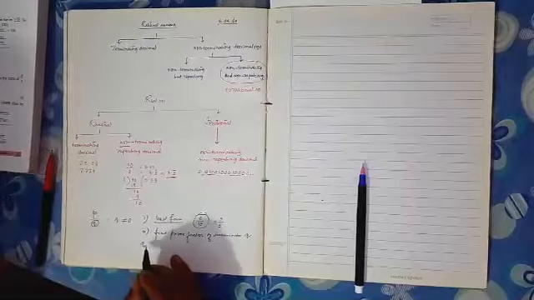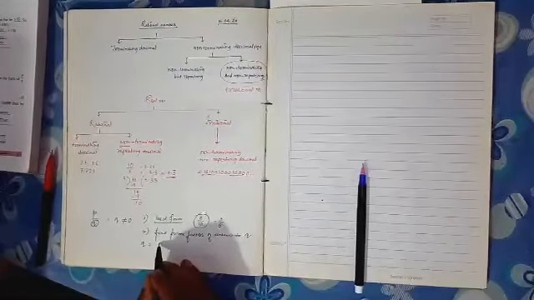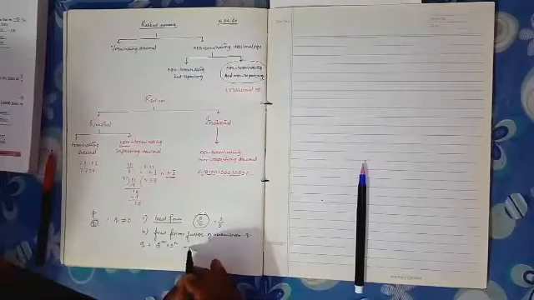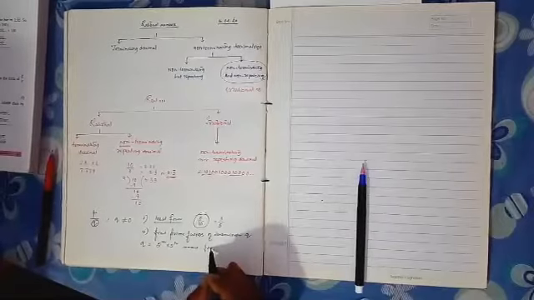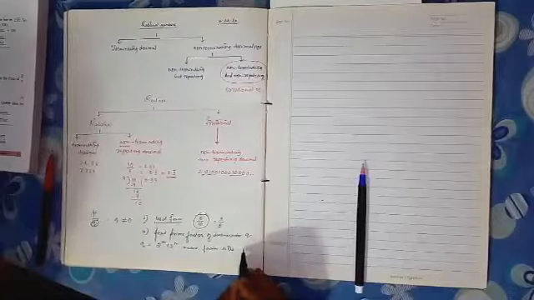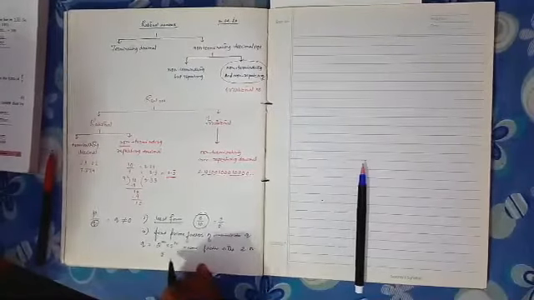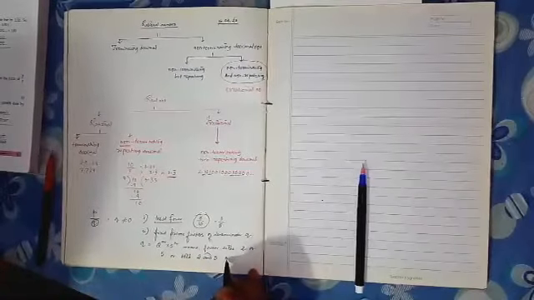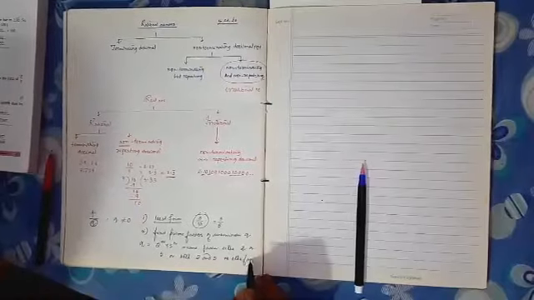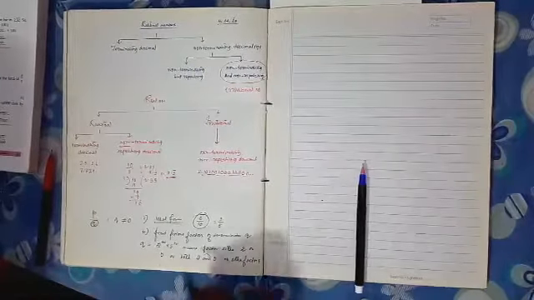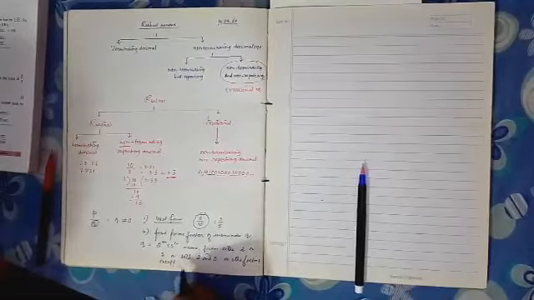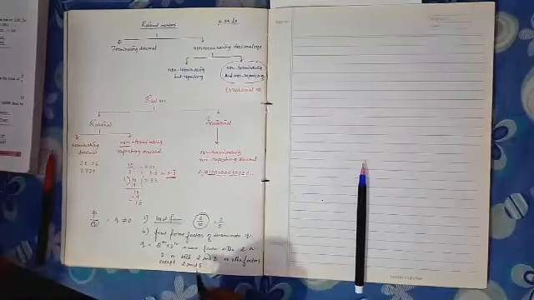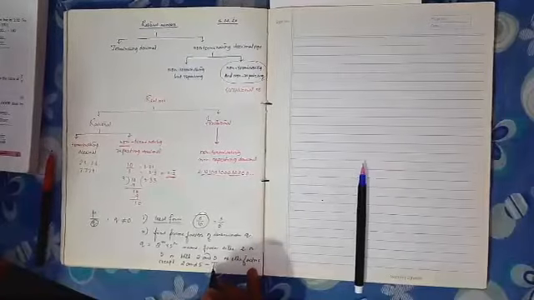If it is seen that q is in the form of 2 to the power m into 5 to the power n, means the factors are either 2 or 5 or both 2 and 5, no other factors except 2 and 5, then the rational number is a terminating decimal. Then it is terminating.